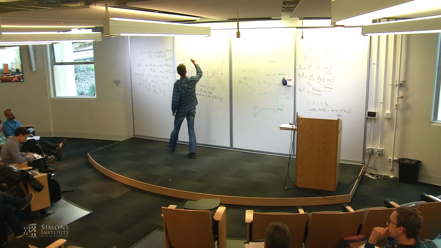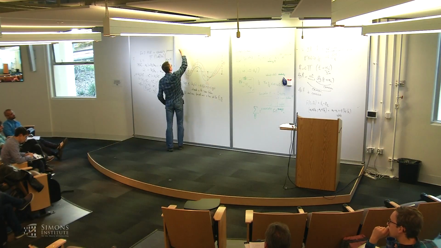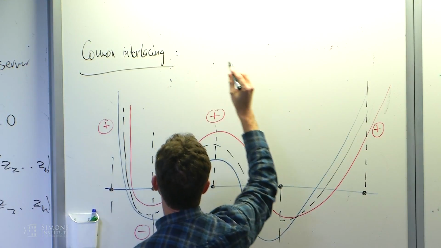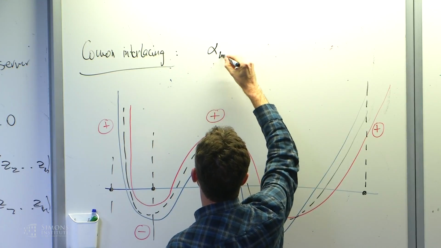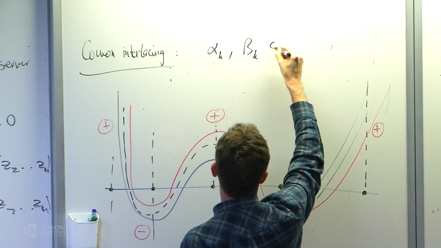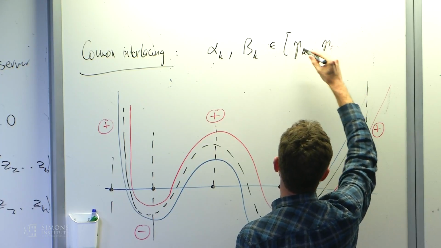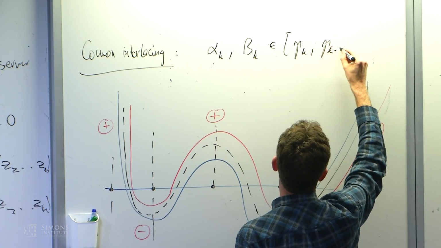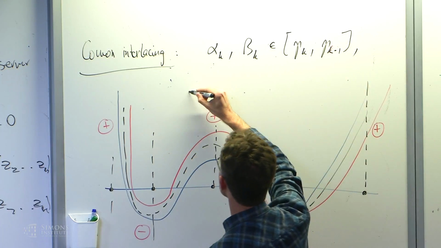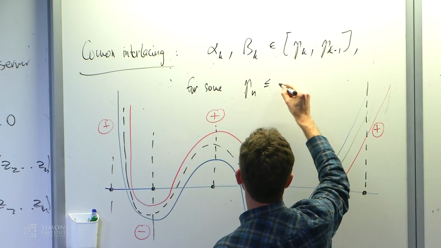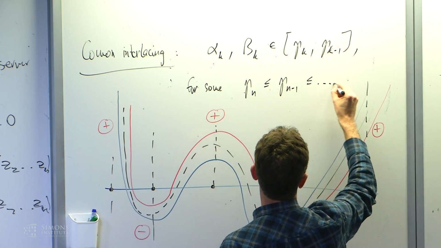The definition: common interlacing means that alpha_k and beta_k are both in the closed interval gamma_k, gamma_{k-1}, for some n.